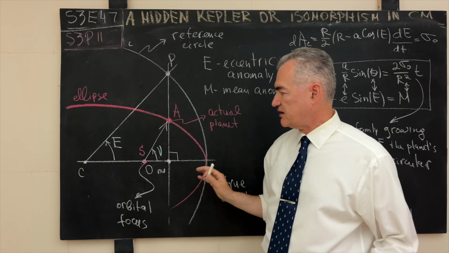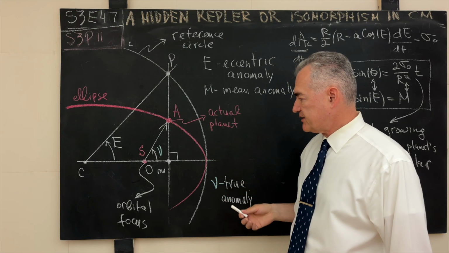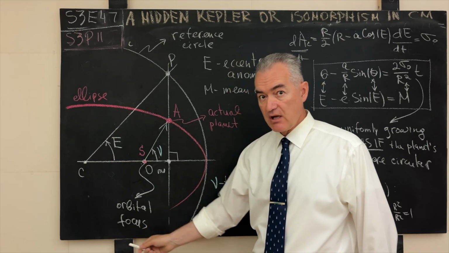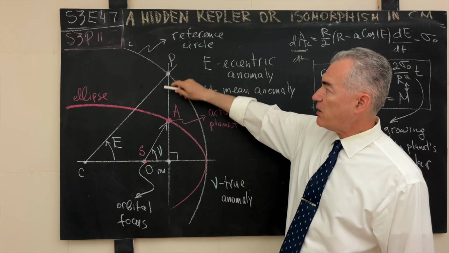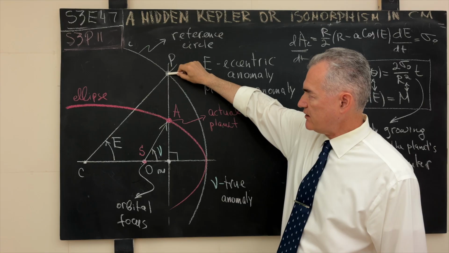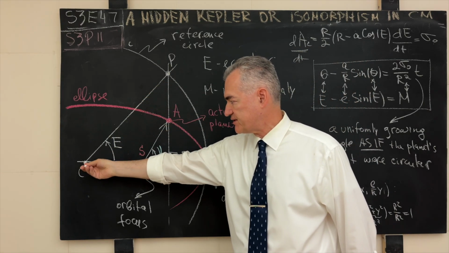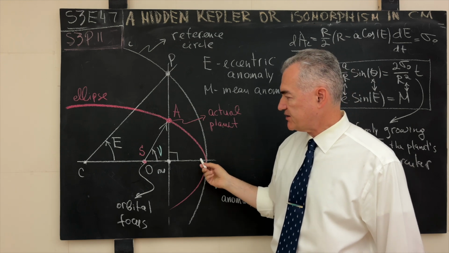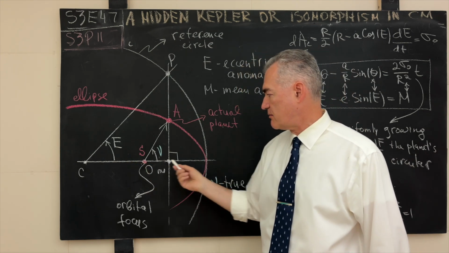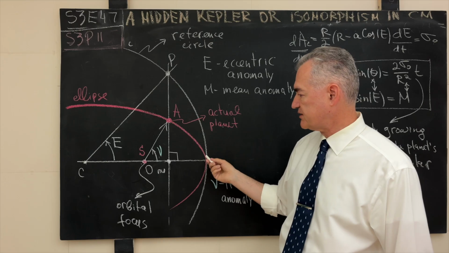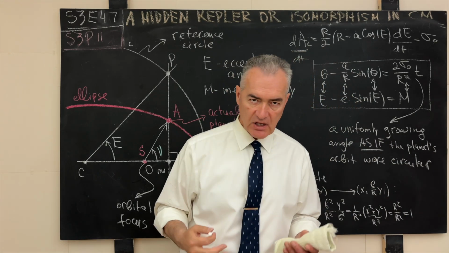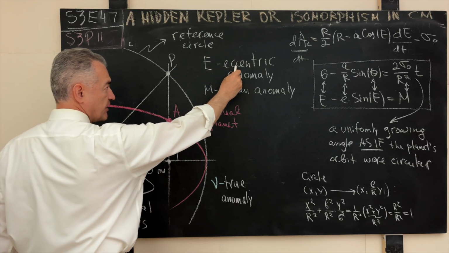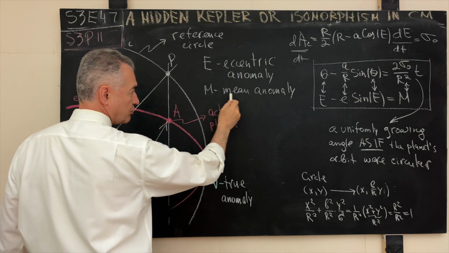You see, this is the clever bit that connects the motion of a planet over an ellipse to the motion of the corresponding, let's say we call it shadow planet, over the same origin-centered circle, the bounding circle or the reference circle that has its radius equal to the length of the major semi-axis of this ellipse. Again, the terminology by now you should be familiar with. E is called the eccentric anomaly, M is called the mean anomaly.